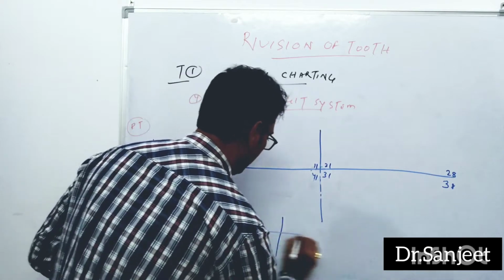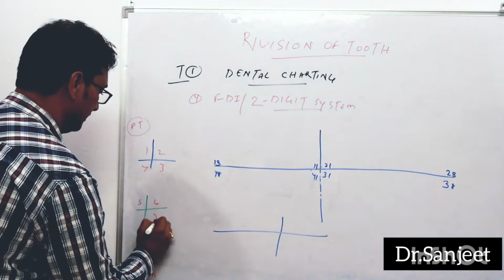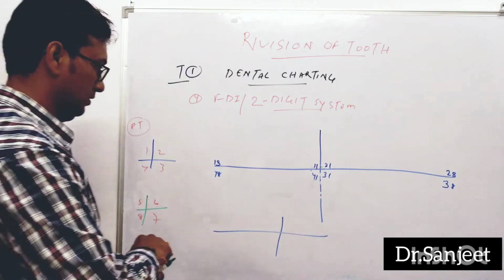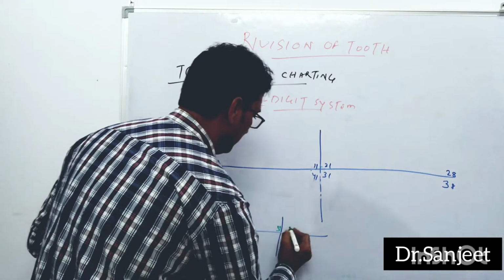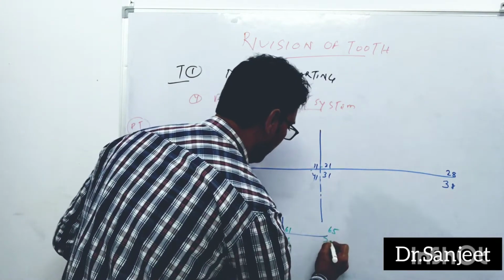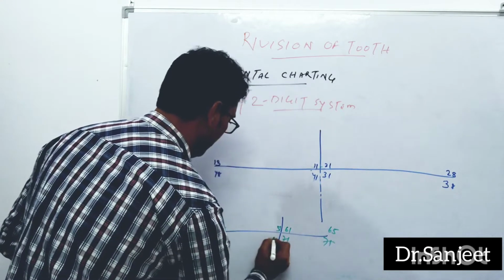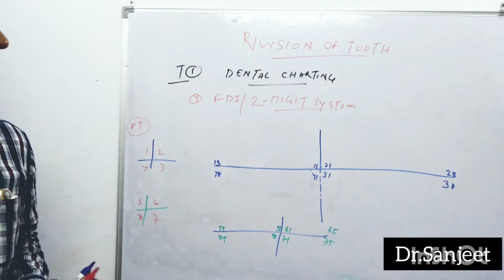But in temporary tooth, 5, 6, 7 or 8, we will start from 51 to 55, 61 to 65, 71 to 75 and then 81 to 85. This is the FDI system.